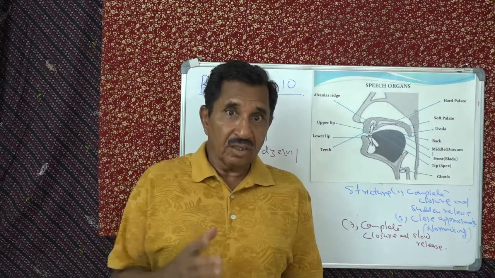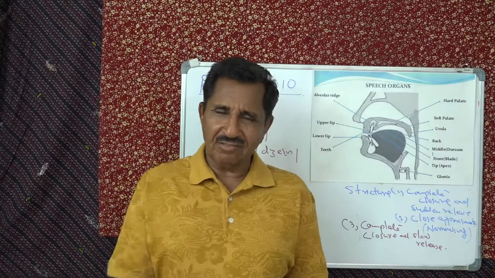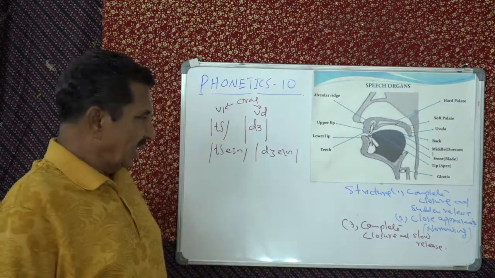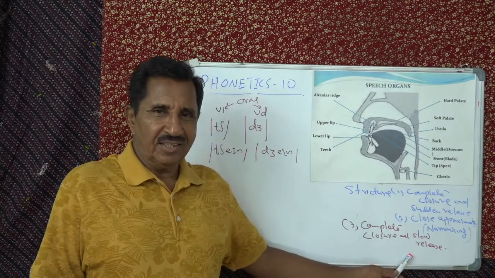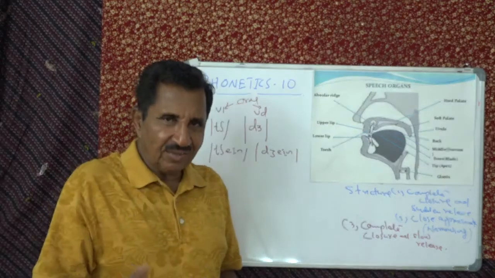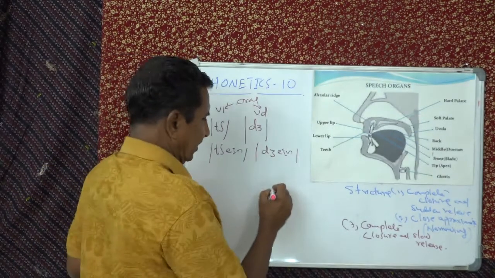And voiceless. So this you call, the stricture is complete closure and slow release. And the sound that you produce is called affricates.